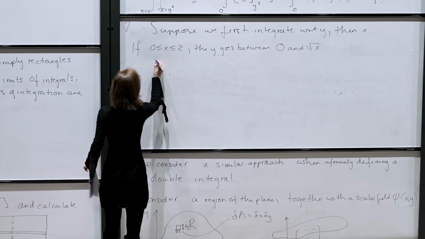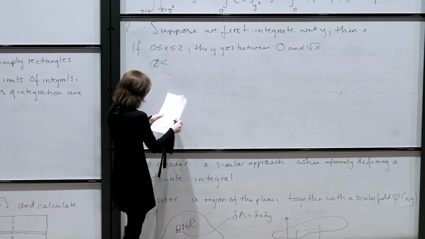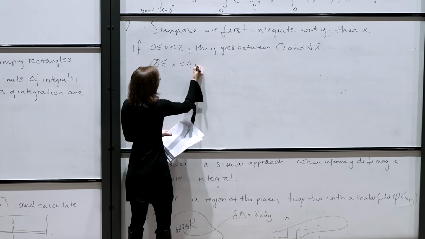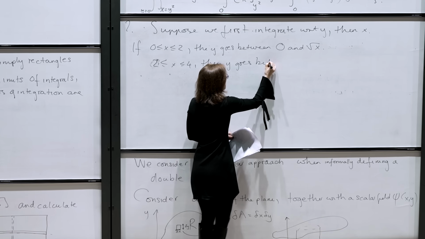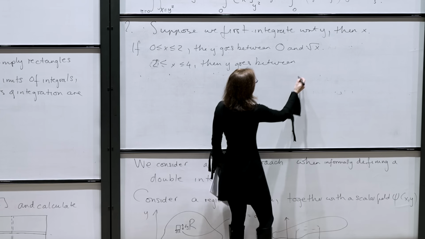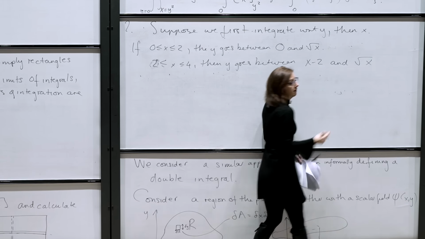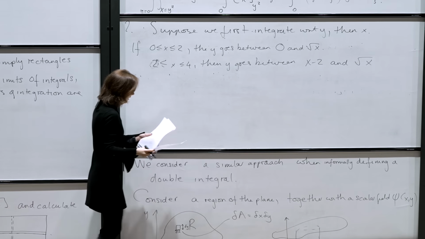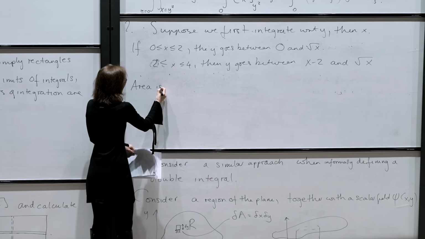Now, if x goes between 2 and 4, then y goes between, so now the lower limit becomes x minus 2 and the upper limit is still root x. So now the area is the integral.